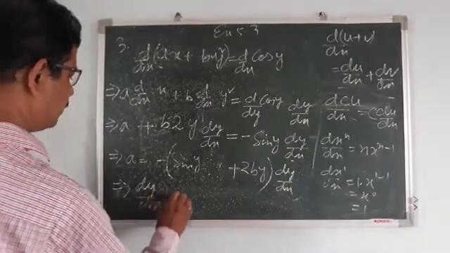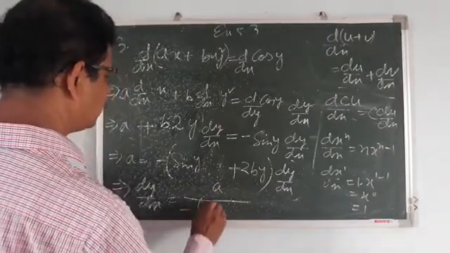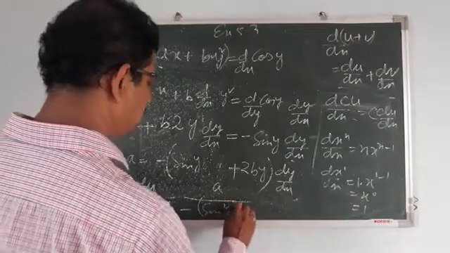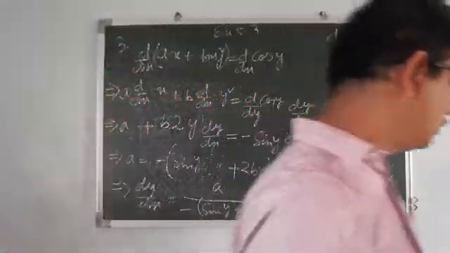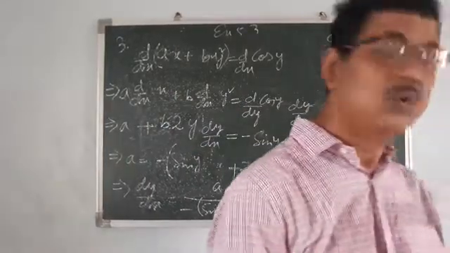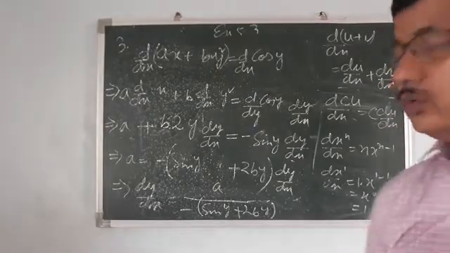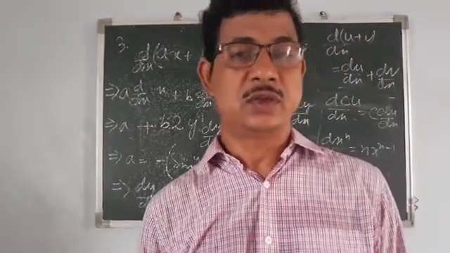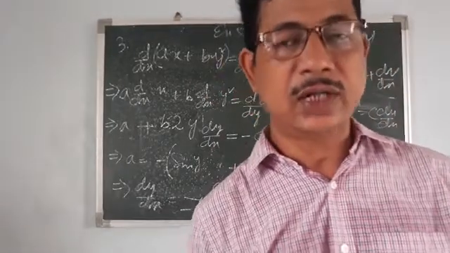Of course it is a divided by minus sin y minus 2by. So it is the formula of this one. So student, that much for today. I think you understood. So we end our class now.